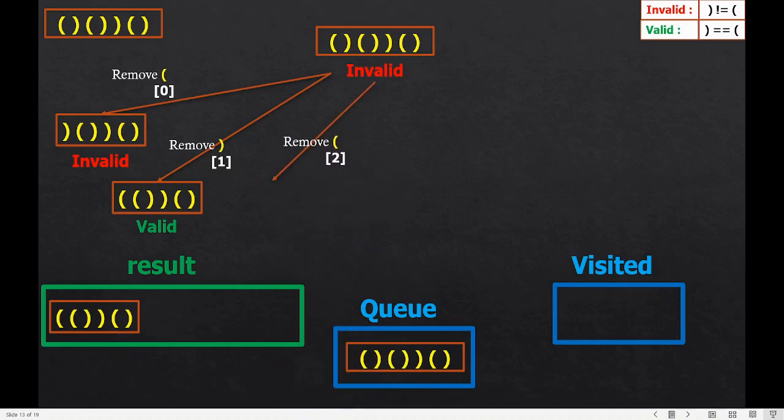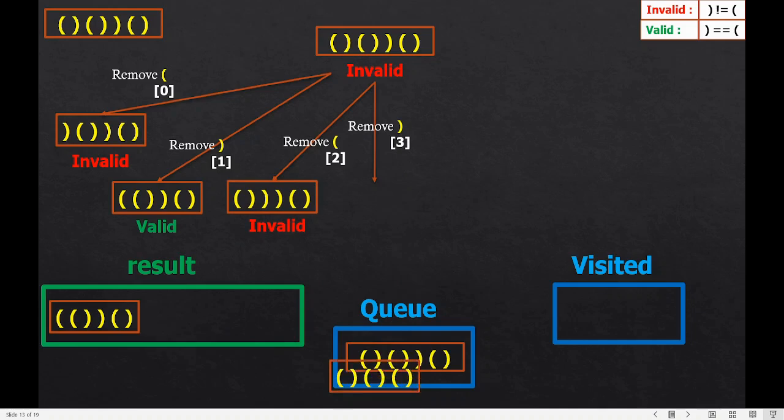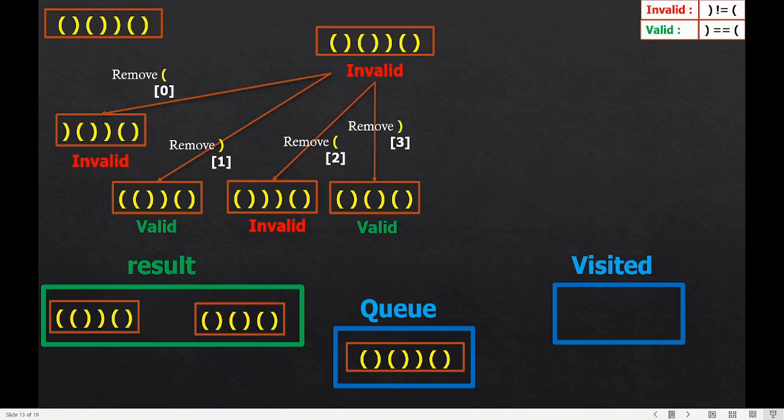Now if we remove the second index, we will obtain this, and this is invalid. If we remove the third index, we will obtain this, and this is valid. So we are going to place it into the list of results. Actually this is not a list, this is a set.